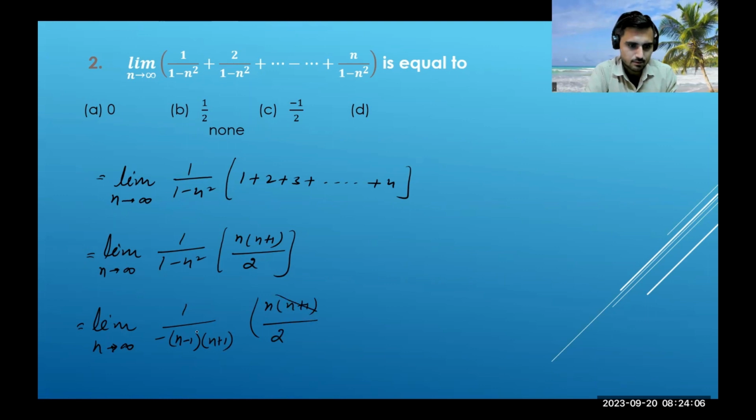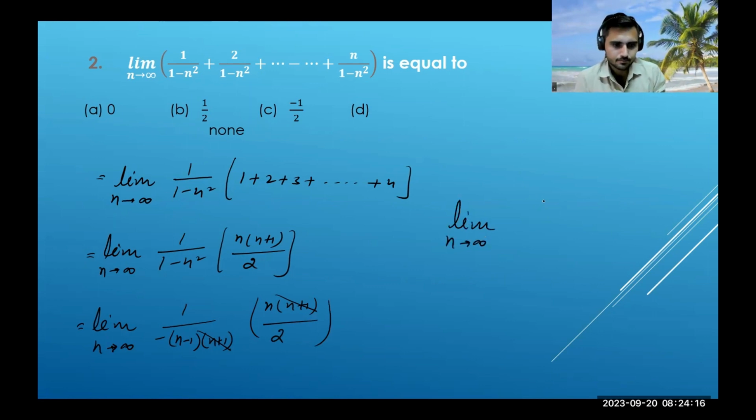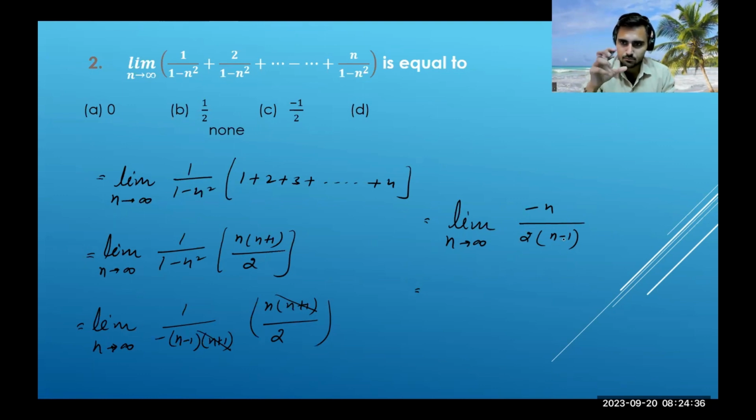So n plus 1 and n plus 1 will cancel out, and so we have limit n tends to infinity, we'll write here minus n upon twice n minus 1, right? Now we'll take n common, because we have limit n tends to infinity, so that this n will cancel out.